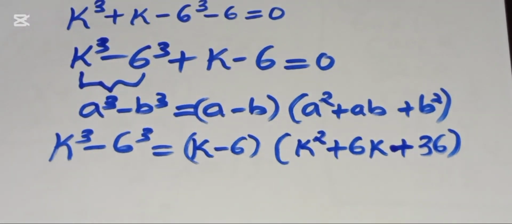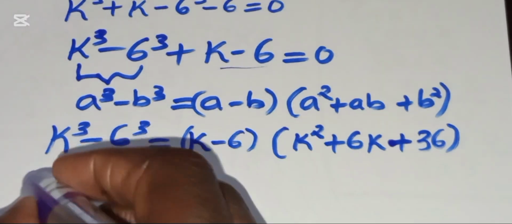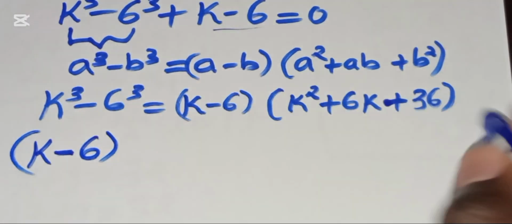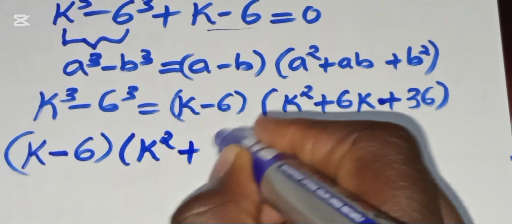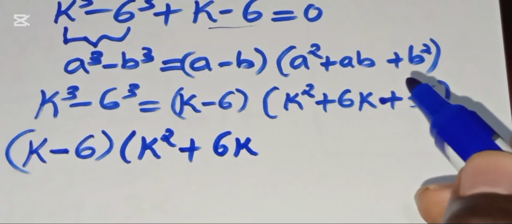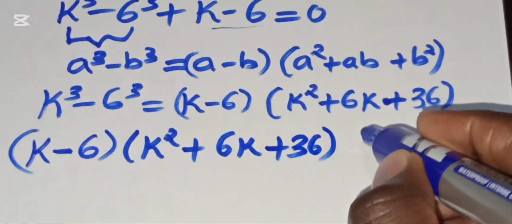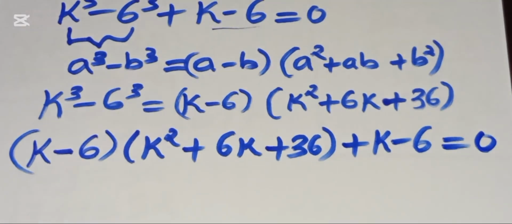Okay, so let's combine this with the first part so that we're going to have k minus 6, k squared plus 6k plus 36, plus k minus 6. This is equal to 0.